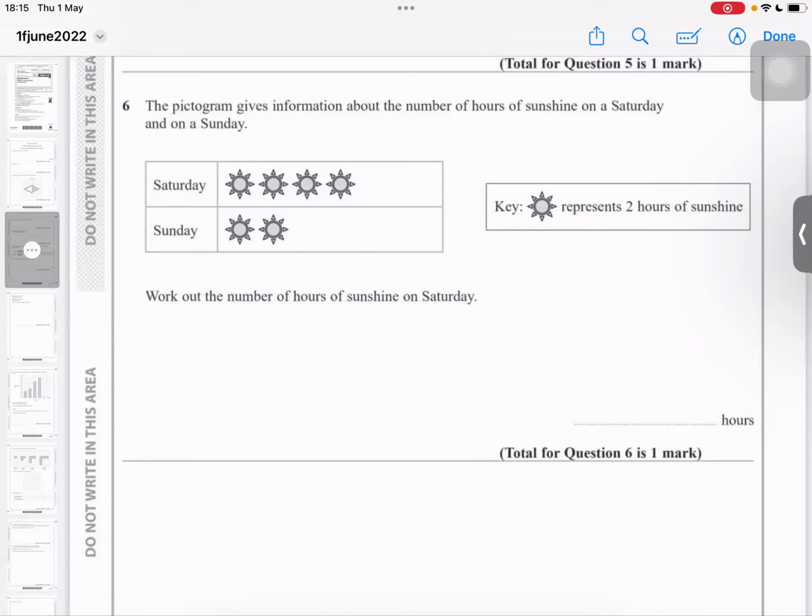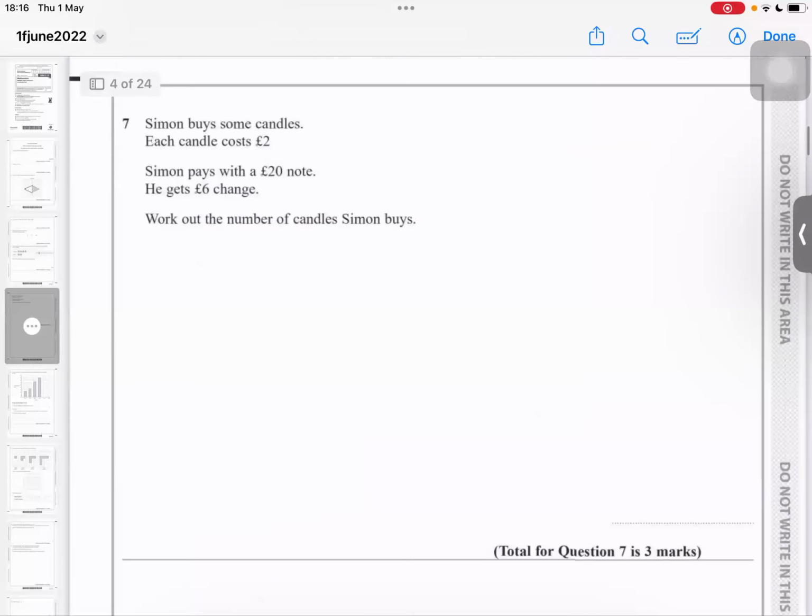So the answer for Saturday should be 8. And if they're asking for Sunday, that would make it 4 hours because we just have 2 of them. That's 2 times 2, which is 4. Okay, so you're good with that? Yes. So we can move on.